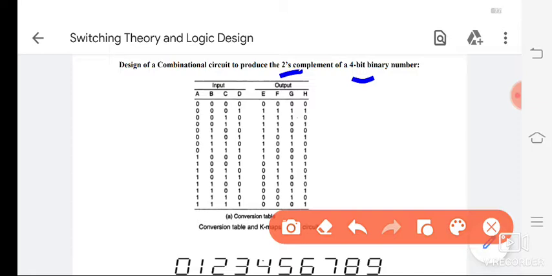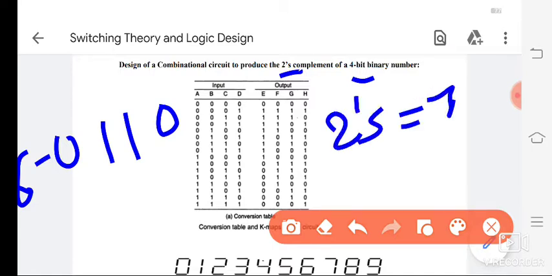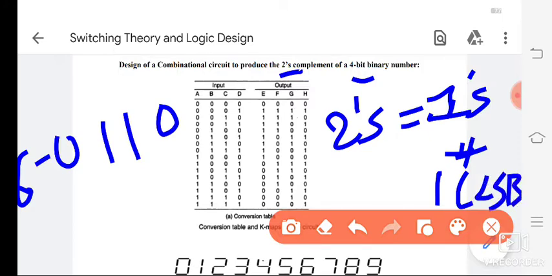First we take one example: 0 1 1 0, which is the value 6. As I have already discussed, 2's complement means first applying the 1's complement and then adding 1 to the LSB. The 1's complement means zeros are replaced by 1 and 1s are replaced by 0.